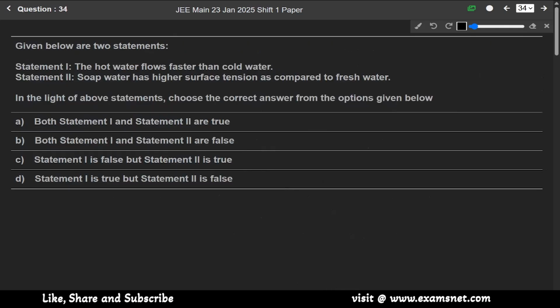Now next question 34. Given below are two statements. Statement one is that hot water flows faster than cold water, and the second one is that soap water has higher surface tension as compared to fresh water.